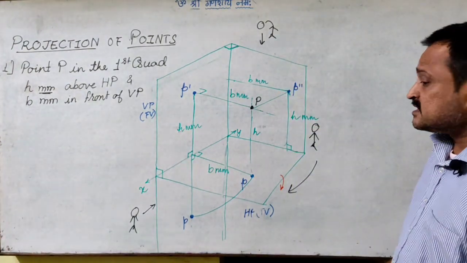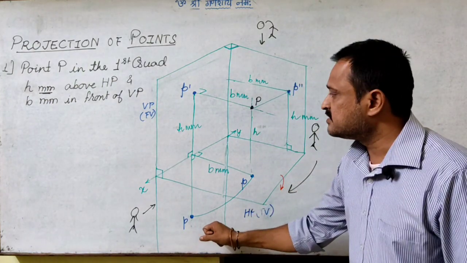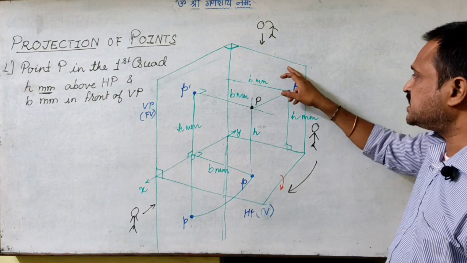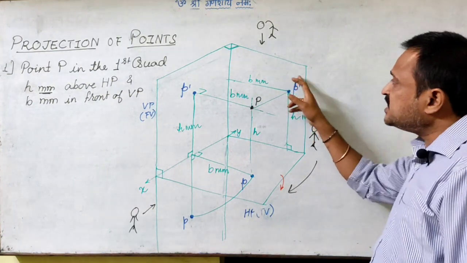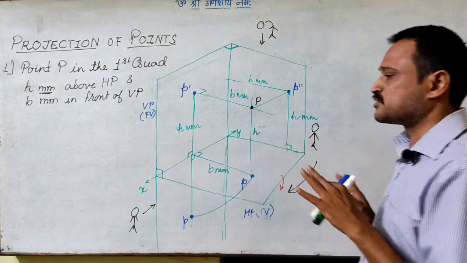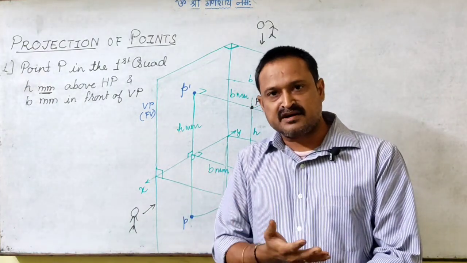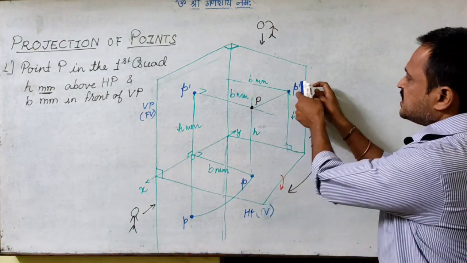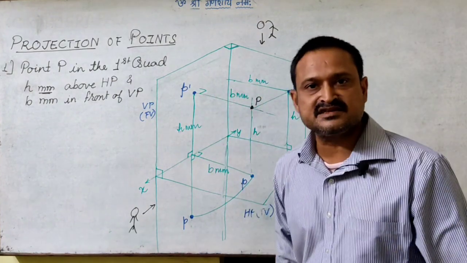Now again, as we have turned the horizontal plane to make these two planes coplanar, similarly I will have to rotate the profile plane also to bring it to the same plane so that I can draw the image, because we are drawing on a sheet or a paper, and paper is a two-dimensional object. If I rotate it this way, then these two images, the front view and the side view, will superimpose.